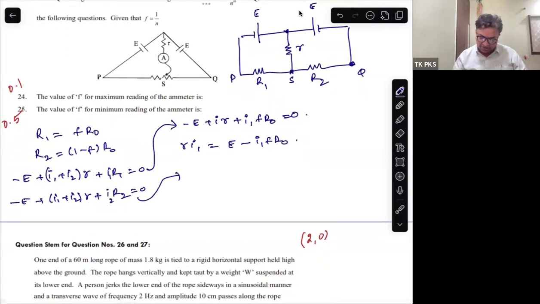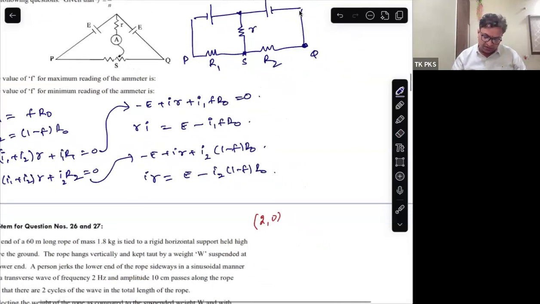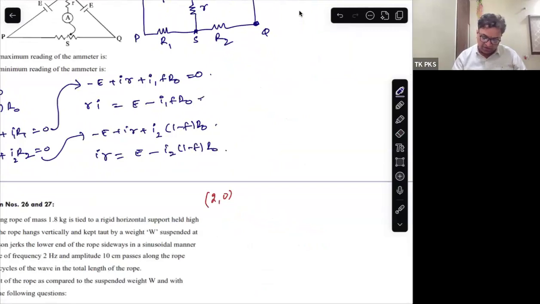Similarly, you can write the same equation as IR plus I2 times (1 minus F) R0. You'll get IR as E minus... Now you will get the I1 and I2 values from these two.